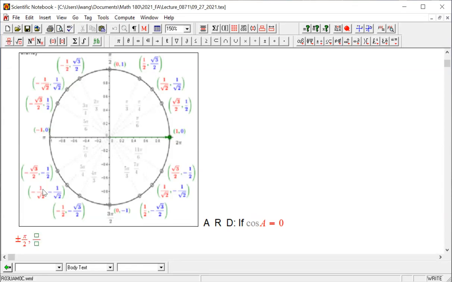Positive, negative 3 pi over 2. Right? Do you agree with me? And the list could go on, right? Positive 5 pi over 2. Positive, negative 7 pi over 2.